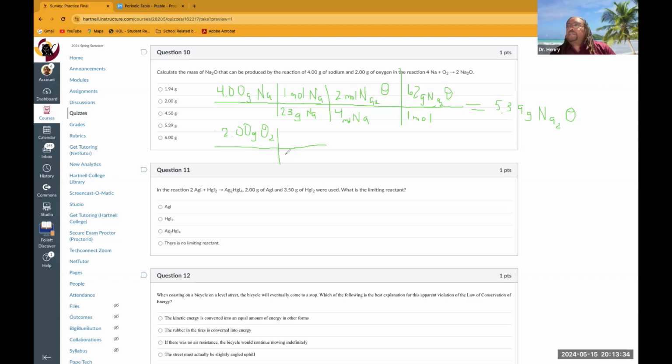Okay, so then that's 32 grams O2 for 1 mole. Mole ratio.